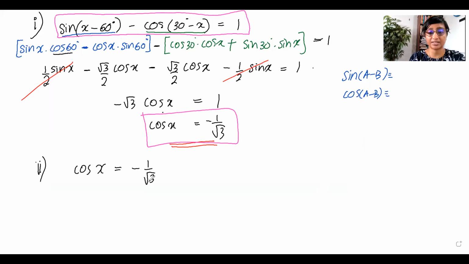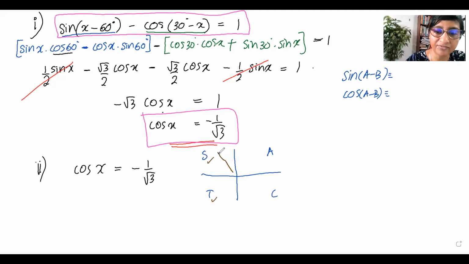That's so easy. I just have to do a little diagram. Remember your diagram, the "all stations to Colombo" diagram. My cos x is a negative number. Cos x is negative in which quadrants? You have to think, where is cos negative? Cos is negative in the second and the third quadrant. That means I would expect an angle in the second quadrant.